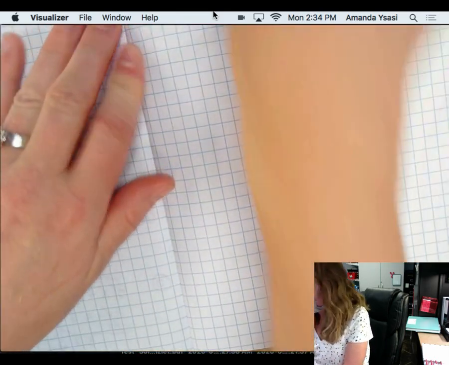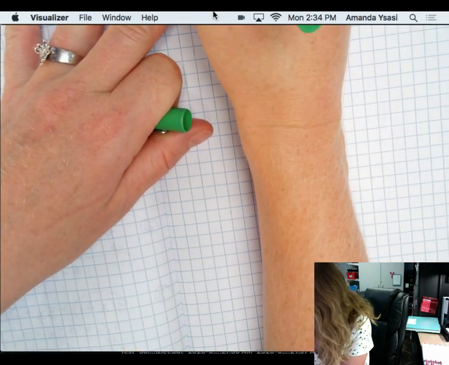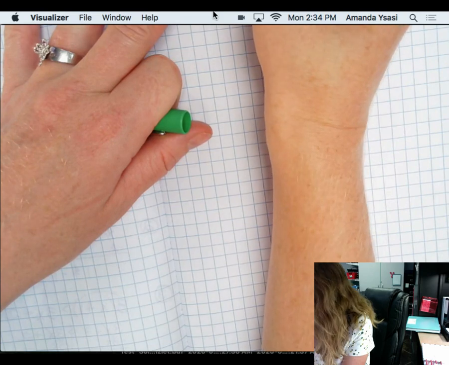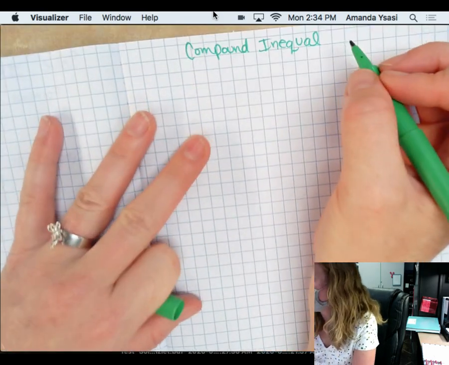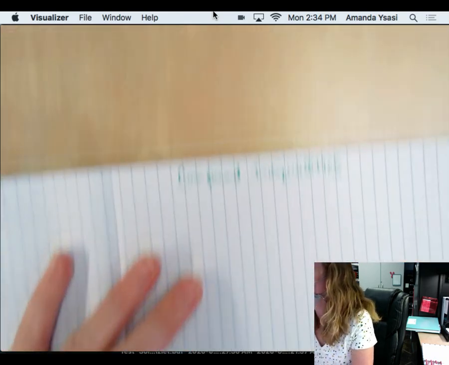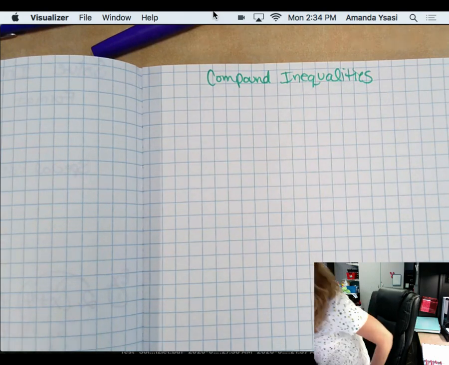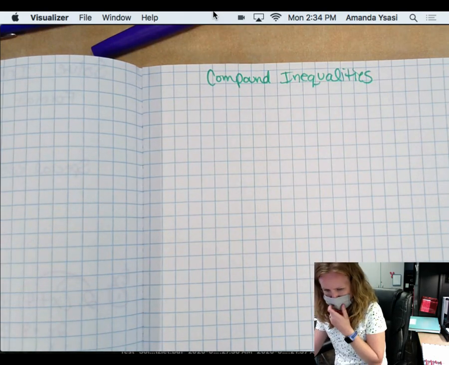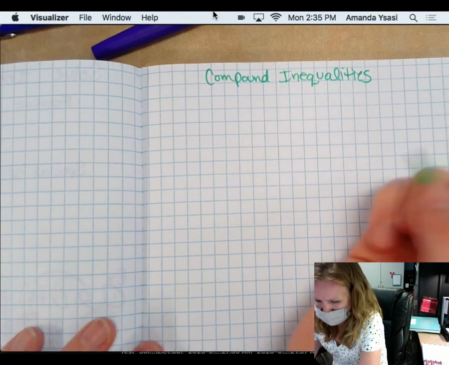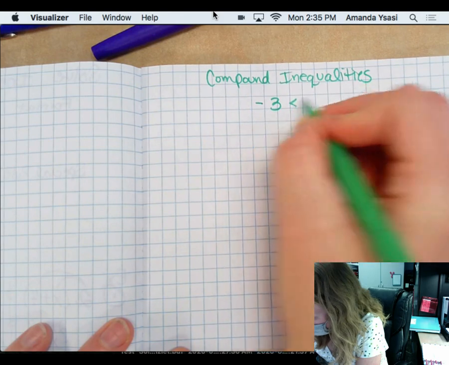All right, next thing is compound inequalities. An example of a compound inequality would be like this.